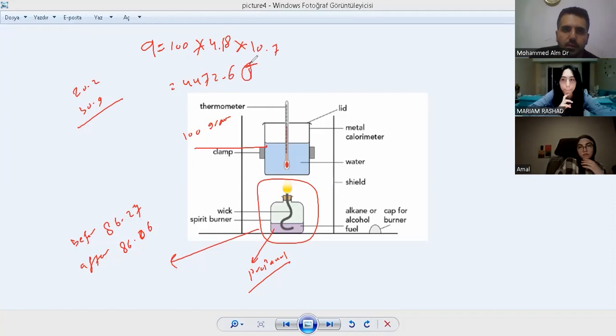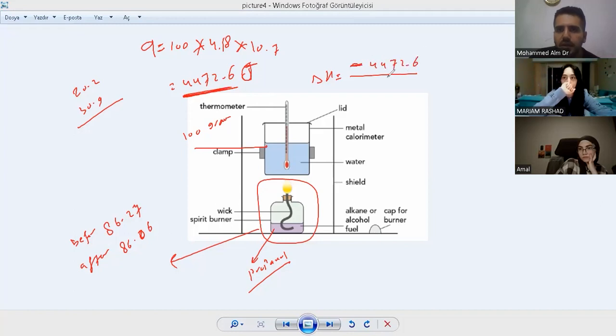Right. Now, guys, let's find delta H. Delta H, guys, equals minus MC delta T, this is MC delta T here, this 4472.6, over n. n is what? Mole. Mole of what?